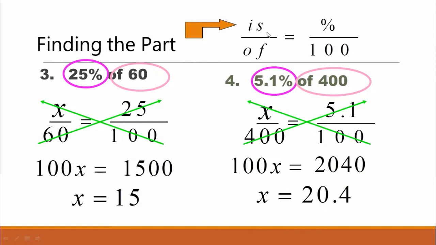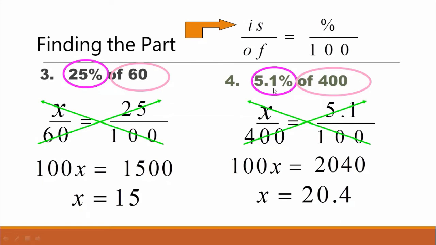For the part, I consider x. X is unknown. The whole is known, 100. 25% means 25 divided by 100. Now by cross multiplication, 100 multiplied by x, and 100 multiplied by 25 is equal to 2500. Since 100 is connected with the unknown, dividing both sides by 100, we obtain x is equal to 25.